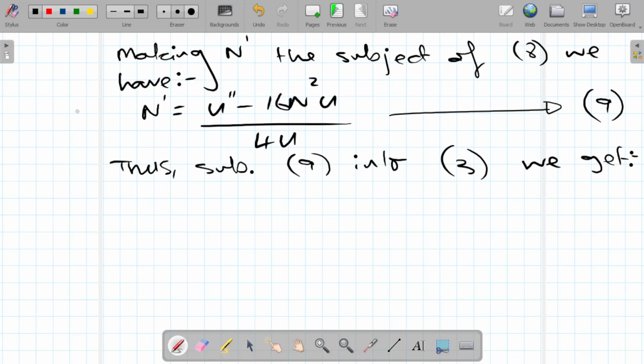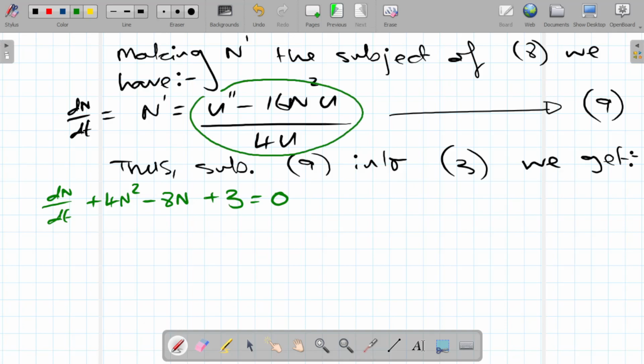So we know that dn by dt is equal to that, and our equation 3 is, we'll just write this in green. So we've got dn by dt plus 4n squared minus 8n plus 3 equal to 0. Right, so we substitute all of that in to there, right?